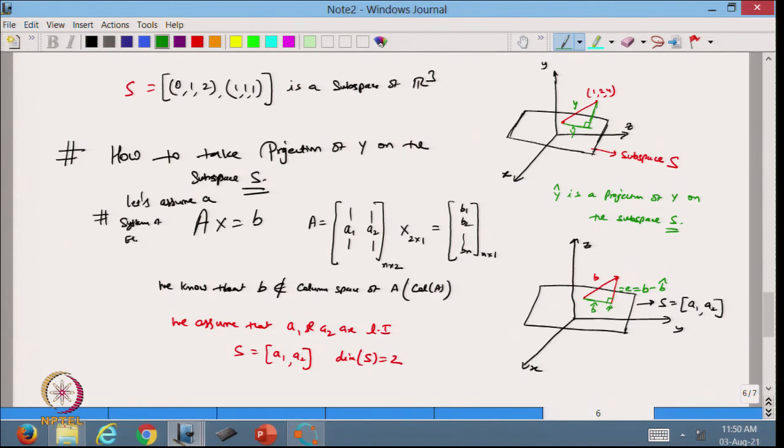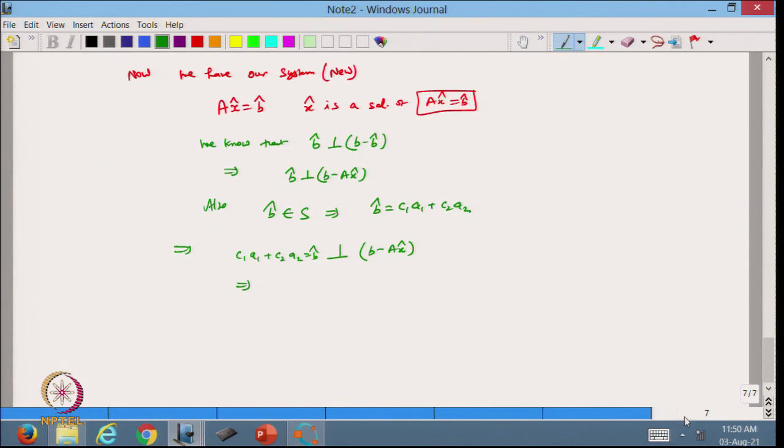So b hat is lying in the S space, and this vector is perpendicular to it. So A1 is also perpendicular to b minus A x hat, and A2 is also perpendicular to b minus A x hat. Taking the dot product in matrix form, A1 transpose times (b minus A x hat) is 0, and A2 transpose times (b minus A x hat) equal to 0.